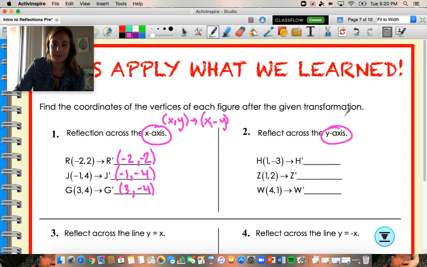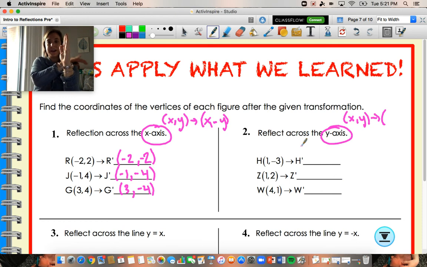What about here? Reflecting over the y-axis. We had x, y, and reflecting over the y-axis, if you're moving from one side to the other, your height doesn't change, but your direction will. So y will stay the same and x will become opposite.